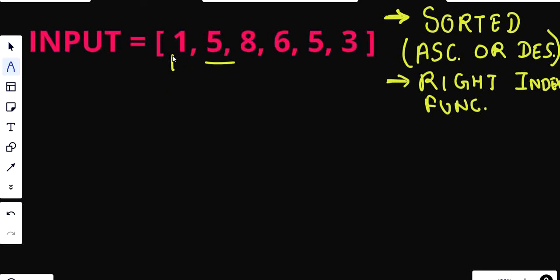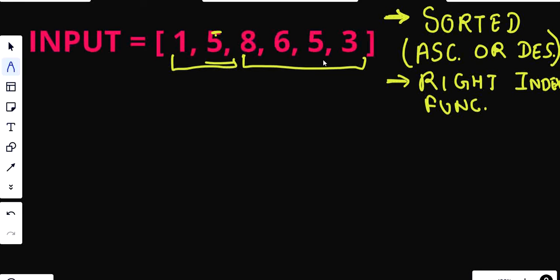So firstly we need to check this breaking point, right? Right now we are able to see with our eyes that 5 is the breaking point after which the whole array is in descending order. But in general, when the input is given, how are we going to calculate this?